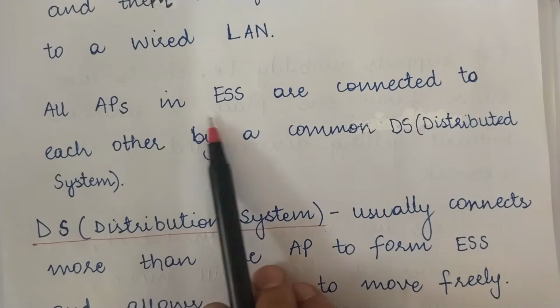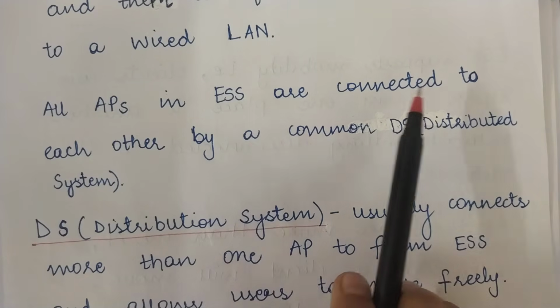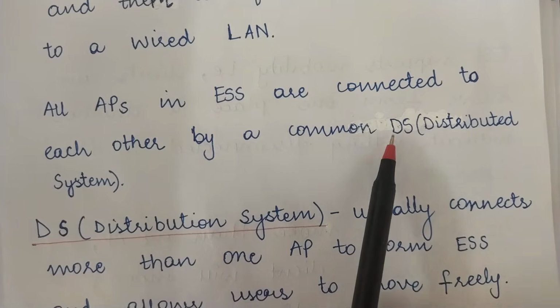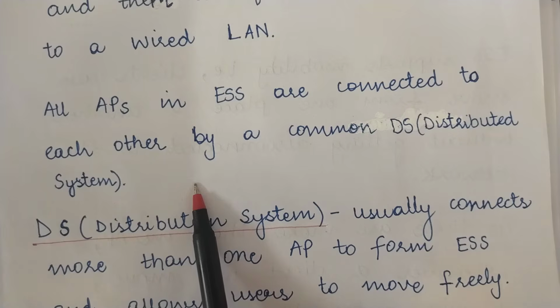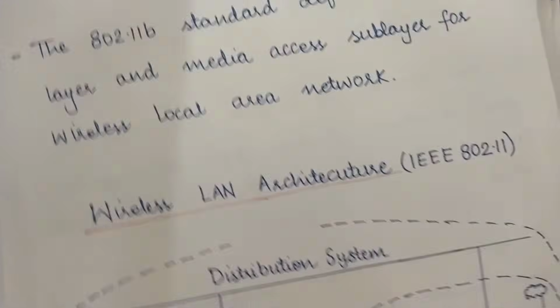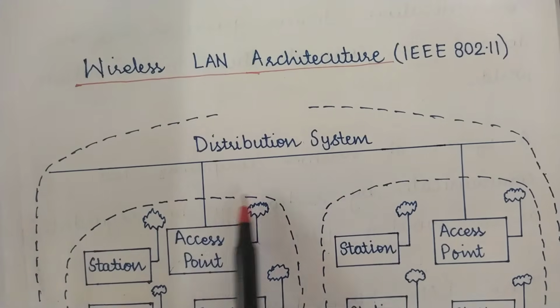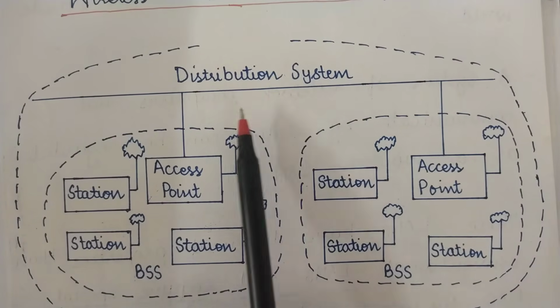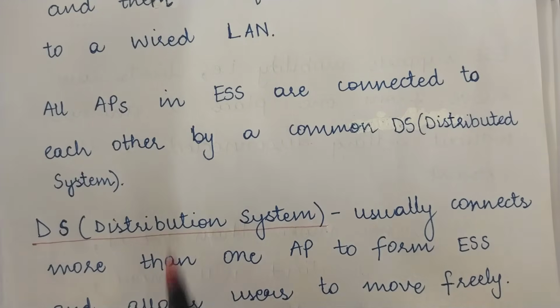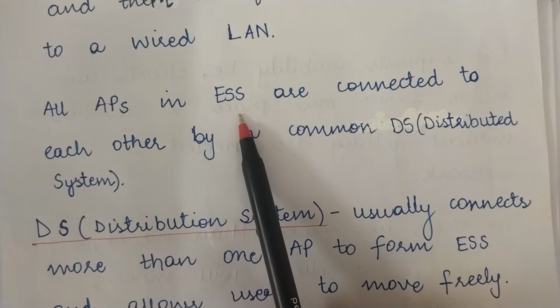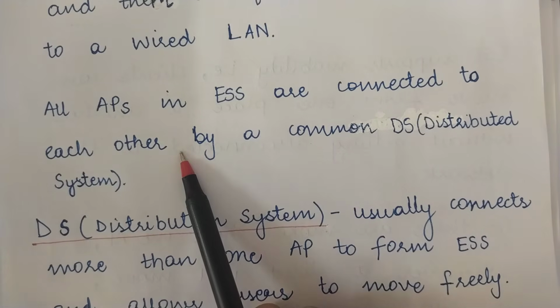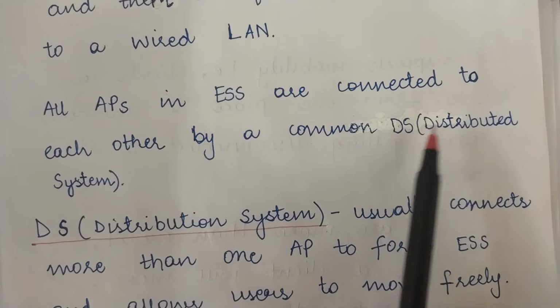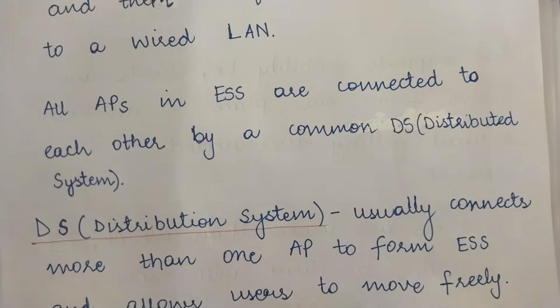All the access points in the extended service set are connected to each other by a common distribution system. As you saw here, there is a common distribution system for the entire ESS. So all the APs in the extended service set are connected to each other by what? By a common distribution system, which is known as the DS.